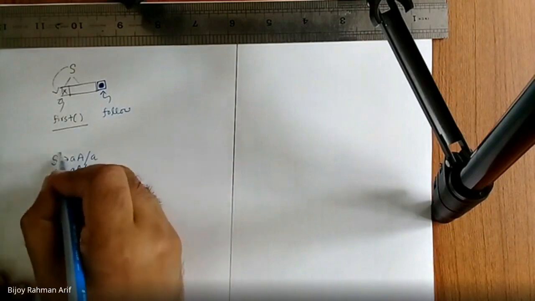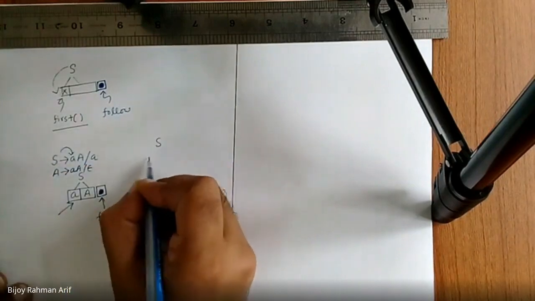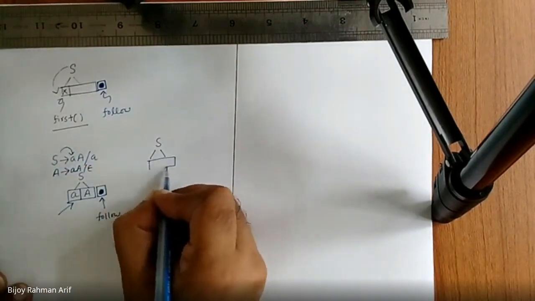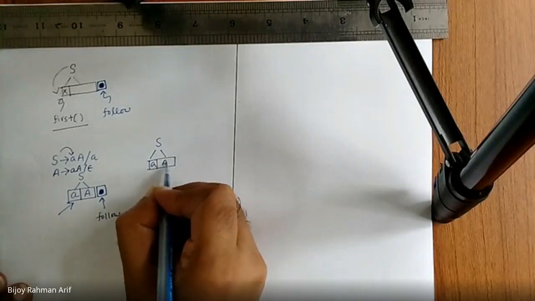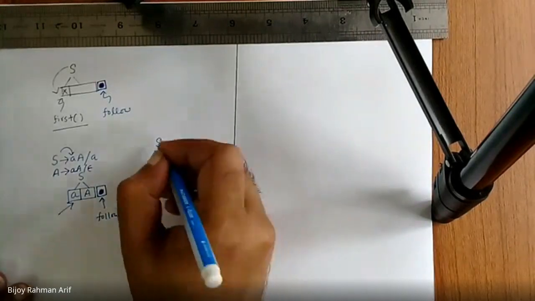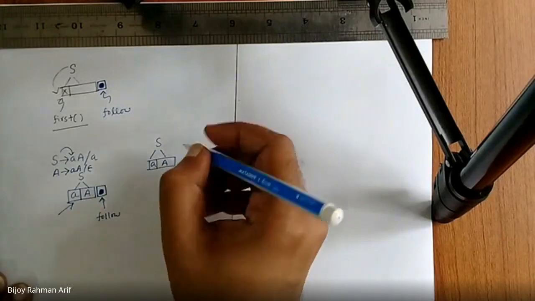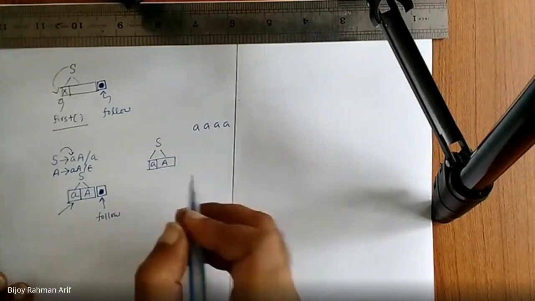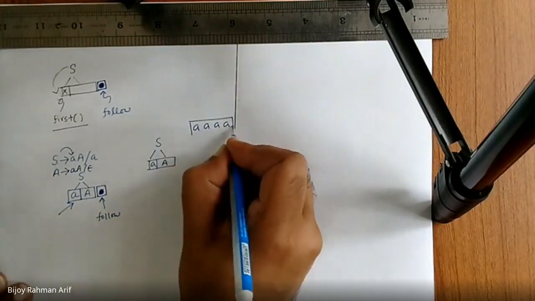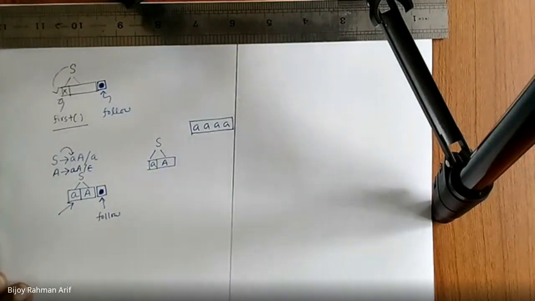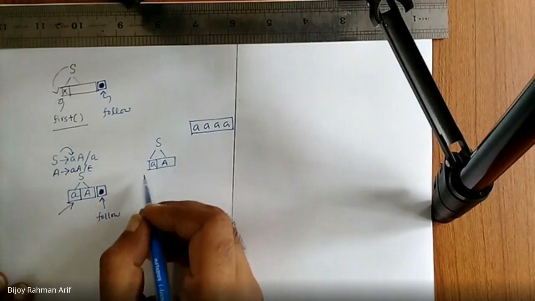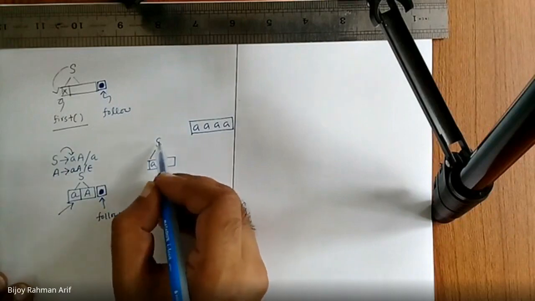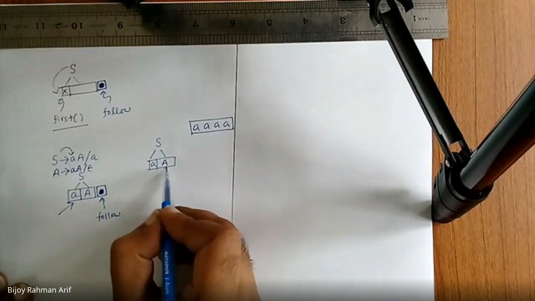If you use this rule, let's assume S derives AA.